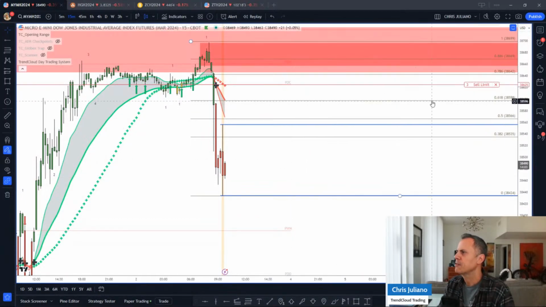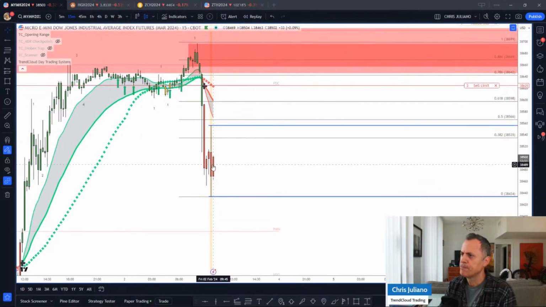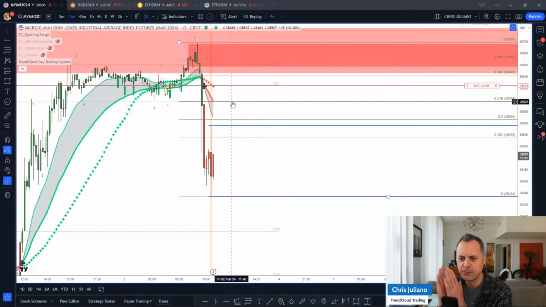So I've got everything set. Previous day's close, that's where I've got my entry, 3 contracts, $160 risk. This would be a bull trap, and it would also be a legitimate 2618 trade using that Fibonacci trick.